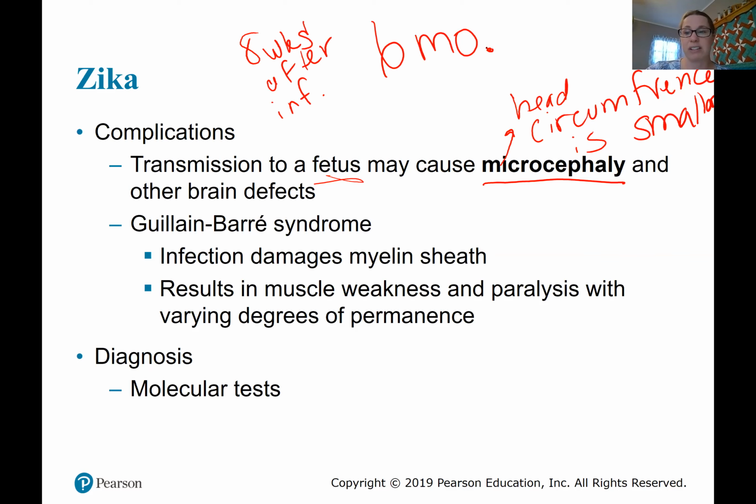And why there's a difference in timeline there, I'm not really sure. May have to do with how the virus is harbored in males versus females, but I really don't know why that's different. But we do not have the Aedes aegypti mosquitoes here in Colorado, and so unless you travel to an endemic area, you don't have to worry about Zika virus here.